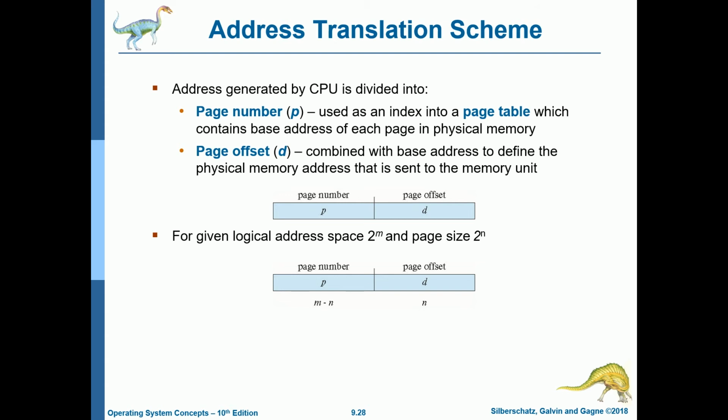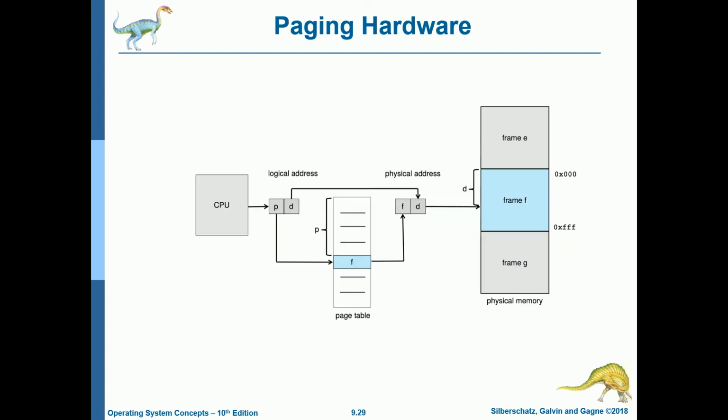Every address generated by the CPU is divided into two parts, a page number and a page offset. The page number is used as an index into a per-process page table. This can be illustrated right here. The page table contains the base address of each frame in physical memory, and the offset is the location in the frame that is being referenced.